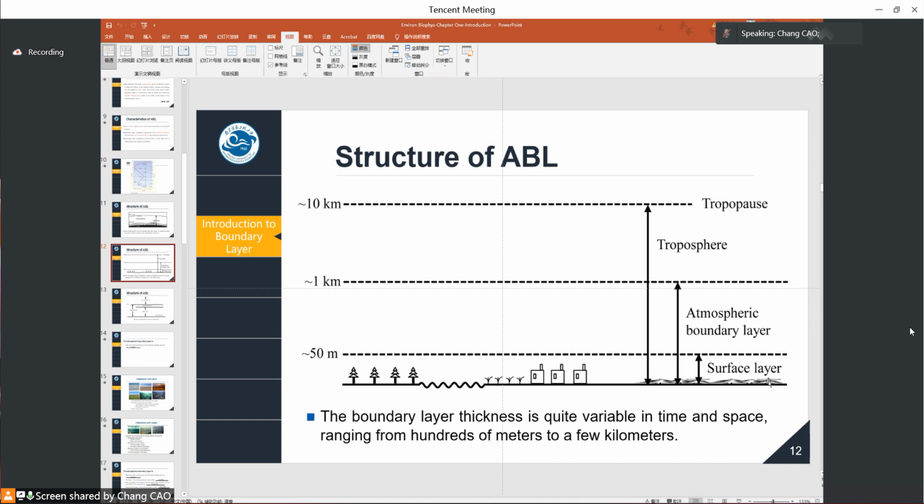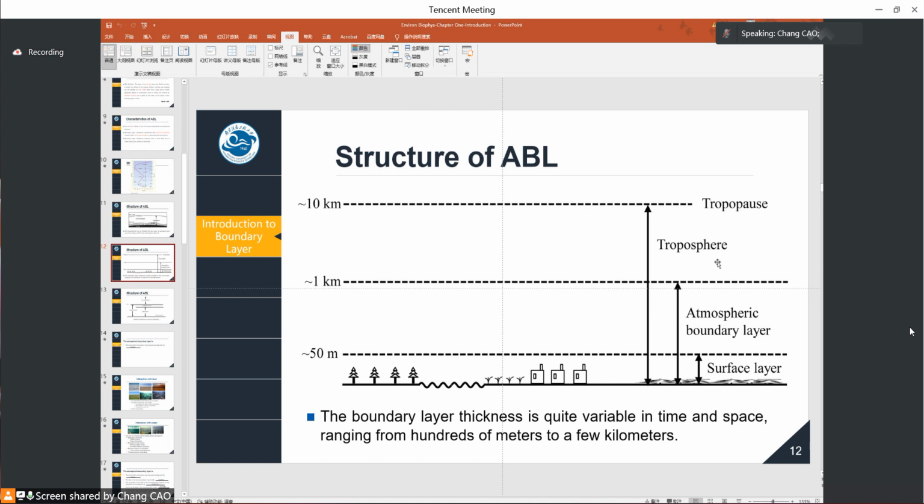We will talk about the surface layer in the following weeks. But here, I just want you to know that firstly, the atmospheric boundary layer lies in the troposphere, and secondly, the troposphere can be divided into the atmospheric boundary layer and the free atmosphere. Okay, so can you understand this?